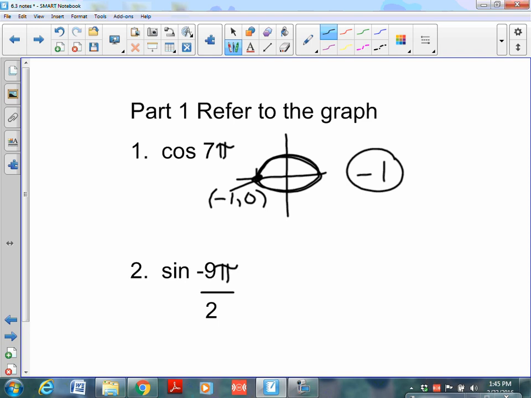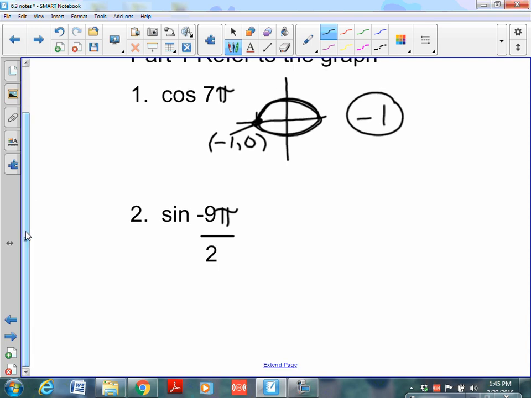Again, we did this yesterday, so this one should not take long. Hopefully you just get done with your homework pretty quick today. They want you to do the sine of a negative 9 pi over 2, right? You need to know what pi over 2 stands for. Do you guys remember what pi over 2 stands for? 90, but we're going in the opposite direction, right? So are you guys ready to go? Here's 1, negative pi over 2, right? Isn't this 2?